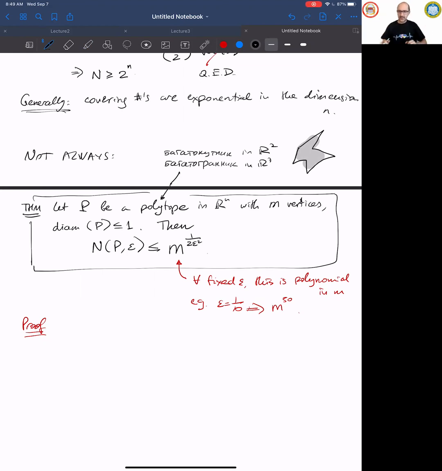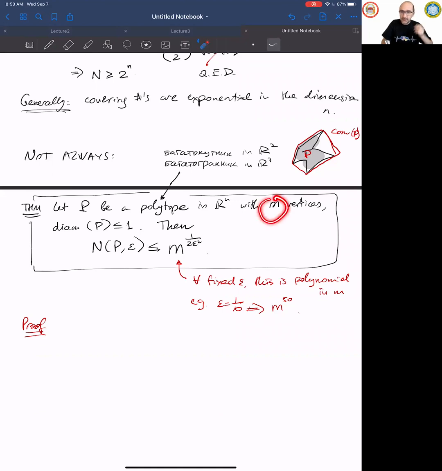Okay, all right, let's prove it. First of all, polytopes need not be convex, but we can make them convex by taking the convex hull of P. What changes?